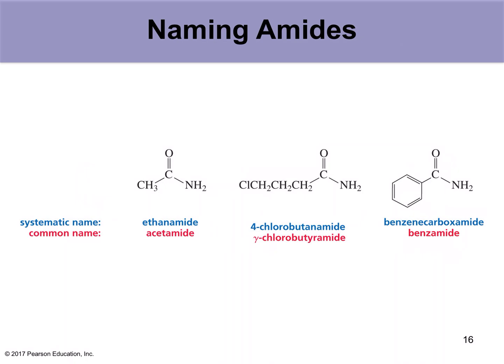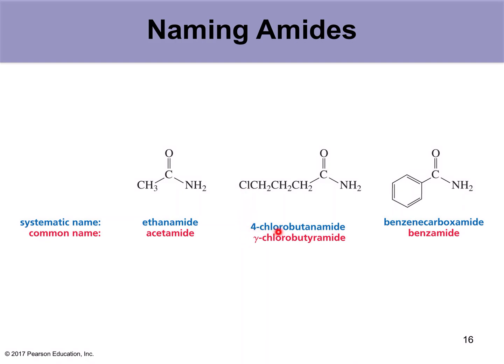Naming amides. So this is the amide part, CONH2. This has 2 carbons, so ethanamide. And this one has 4 carbons, and on the fourth carbon has a chloro group in it.